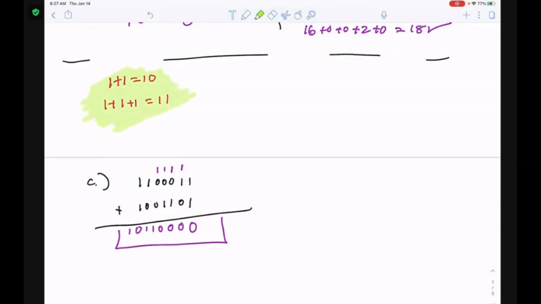Beyond that, you're going to get 1 plus 0 or 0 plus 0, and those rules don't change. 1 plus 0 is still 1, 0 plus 0 is still 0. It's when you get 1 plus 1 is 10, and 1 plus 1 plus 1 being 11, and the reason we would get 3 is because we have to carry the 1 from the previous one.